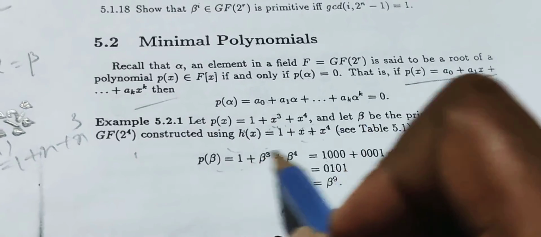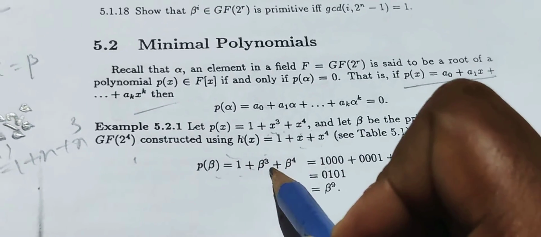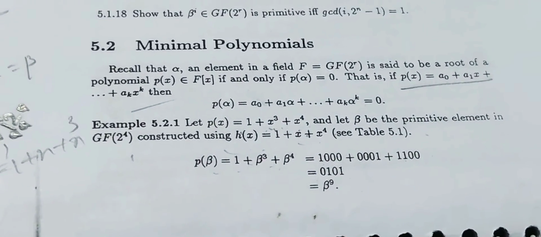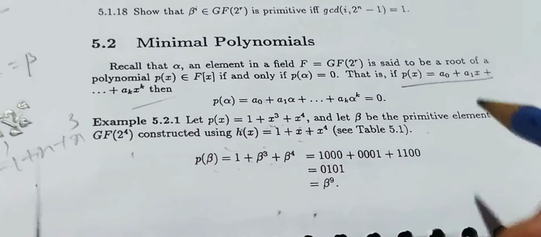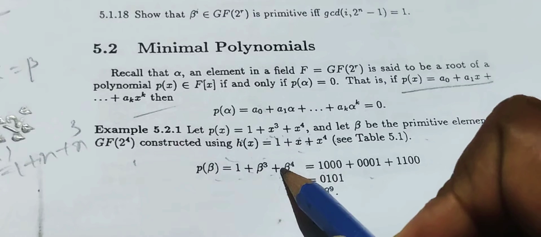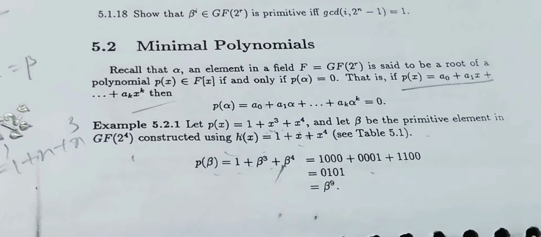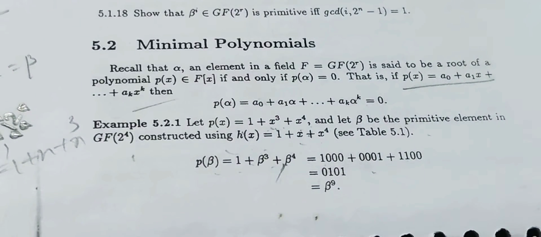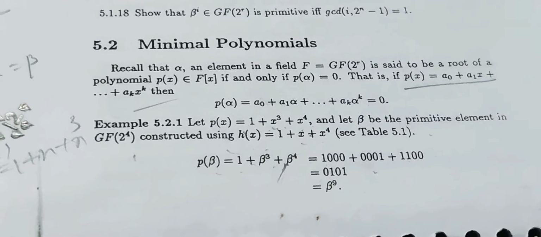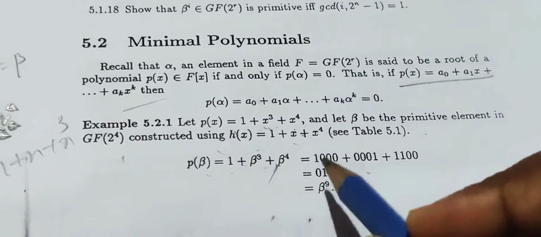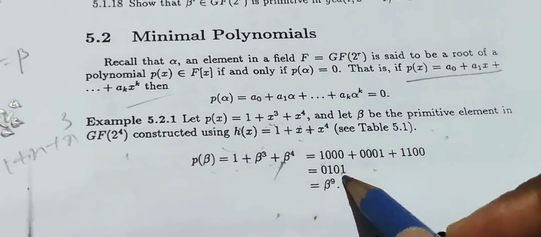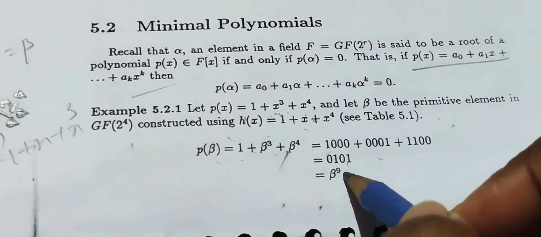Okay, what is 1? 1 is 1 0 0 0, and beta cube is x cube, that means 0 0 0 1. Beta raised to 4 is x raised to 4, which is congruent to 1 plus x in that table. So 1 plus x is 1 1 0 0. We can add those elements and we get 0 1 0 1. 0 1 0 1 is beta raised to 9.